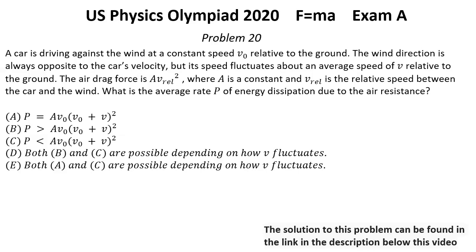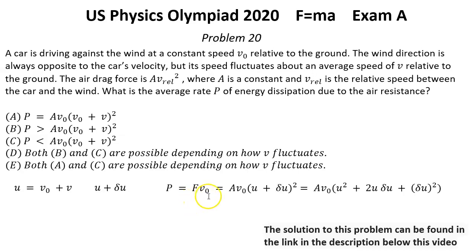Let's define U as V0 plus V. Here V0 is constant and V fluctuates. Then relative speed of the car and wind is U plus delta U, where delta U averages to 0. The instantaneous energy dissipation rate is force F multiplied by V0, and when we put the expression for force, we finally have this expression.